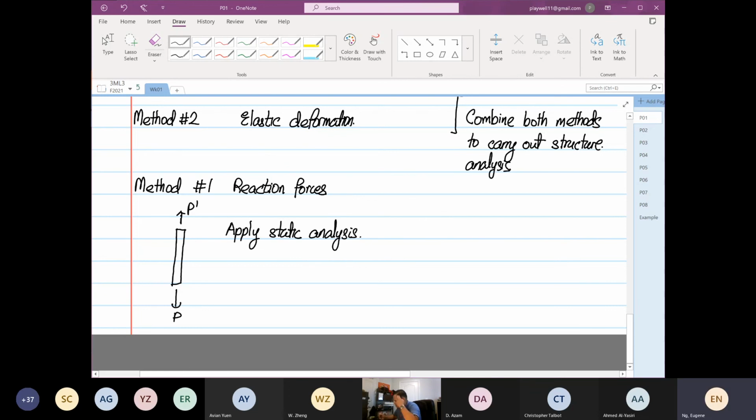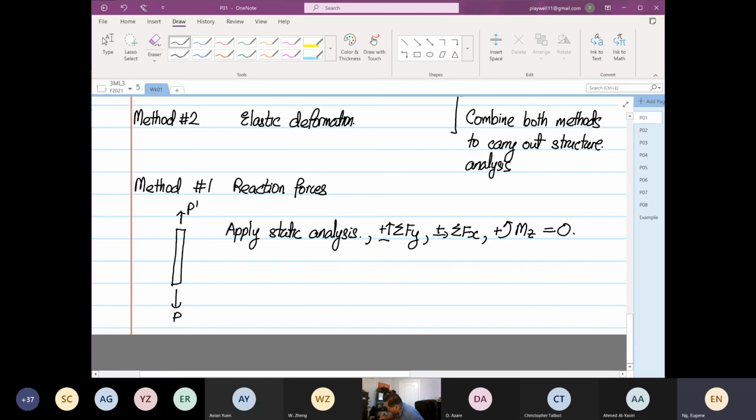So when we apply static analysis, what we mean is summation of forces in the y, summation of forces in the x, and moment about the z-axis. All of them are equal to 0. Okay.